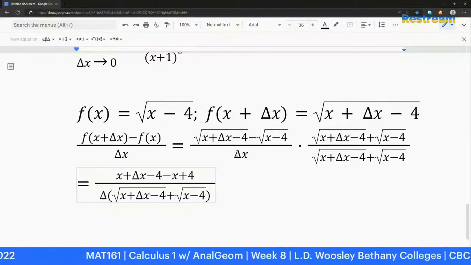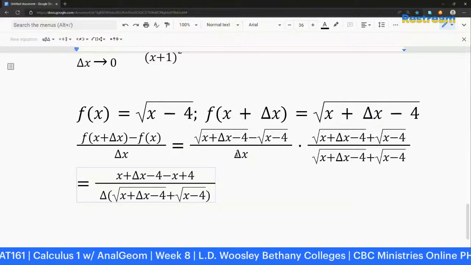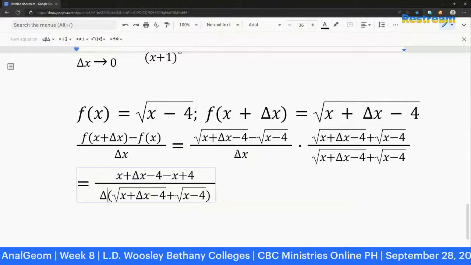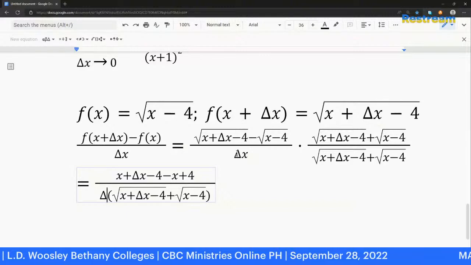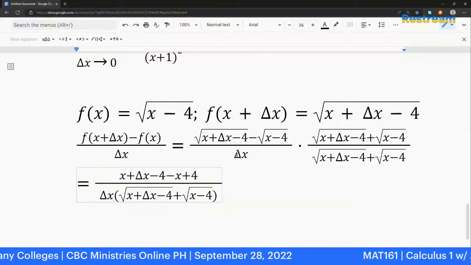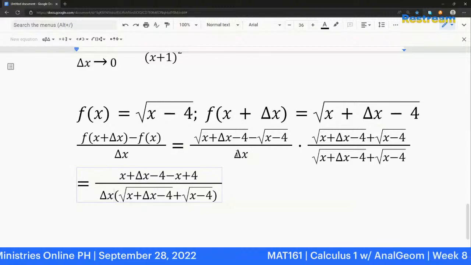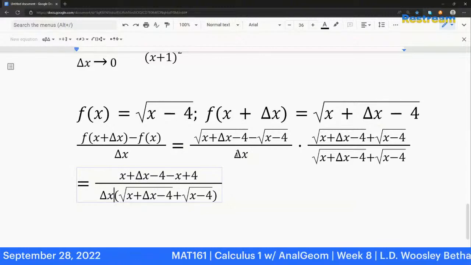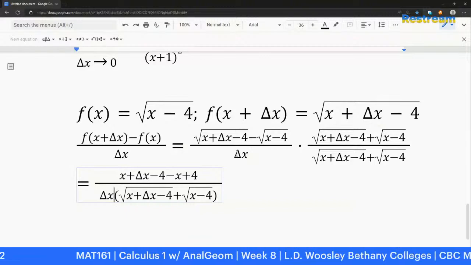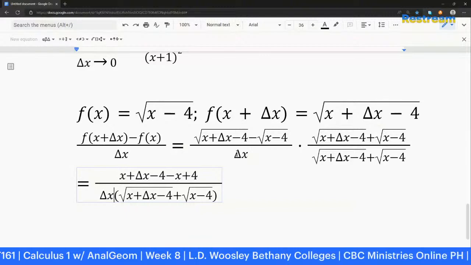Kaya nga naisip ko na nasa midterm nyo may ganito. Merong solutions na may papakita. O yan, guys. So, cancel si x, cancel si 4. Ang matitira sa numerator ay si delta x, at magka-cancel din siya sa denominator.